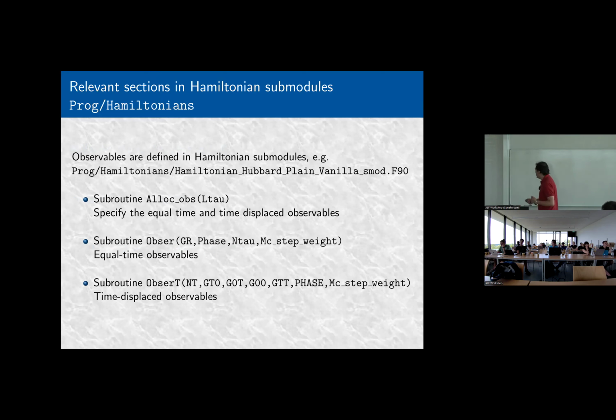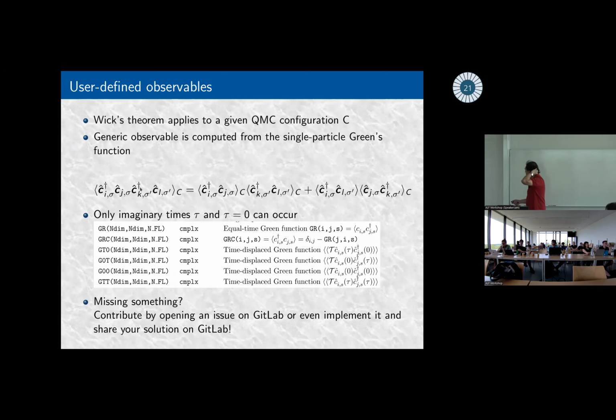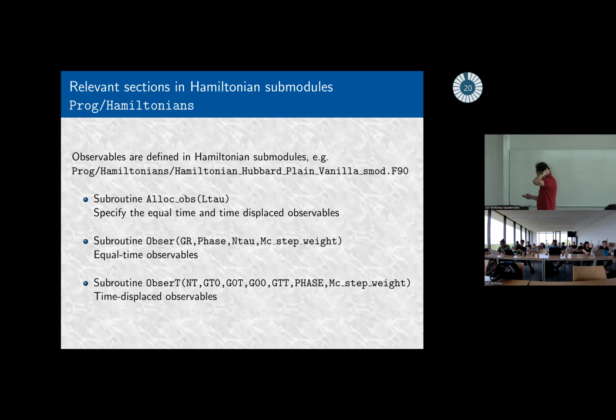If you look inside the program Hamiltonians, there are several modules depending on the Hamiltonian. And inside of these modules, there are 3 subroutines which we have to look at. One is called alloc obs. This is the subroutine which allocates the space for every observable. So if you have a new observable, you have to declare it here and allocate the space. You can look also inside the code to see how the various time displaced or space correlation or scalar observables are declared.